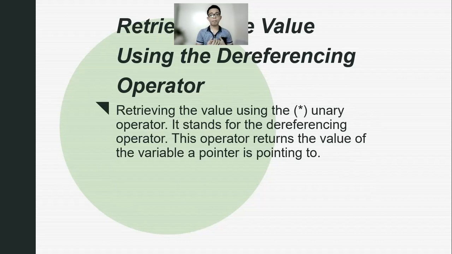This is only applicable for pointers. It retrieves the value stored in the address of the pointer. On the other hand, variables and references do not support the use of the dereferencing operator, so it would result in errors during compile time if attempted.